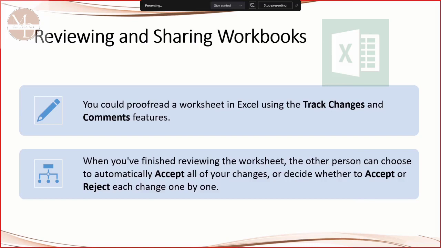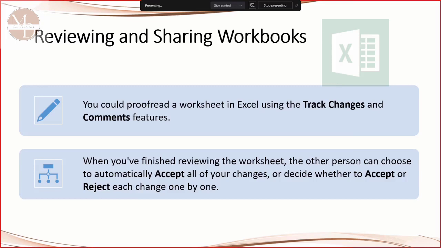Now, you could proofread a worksheet in Excel using track changes and comment features. So when you finish reviewing the worksheet, the other person can choose to automatically accept all your changes or decide whether to accept or reject it. Now, this is also possible in other Microsoft Office applications.